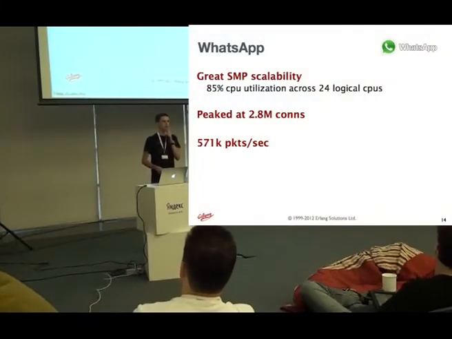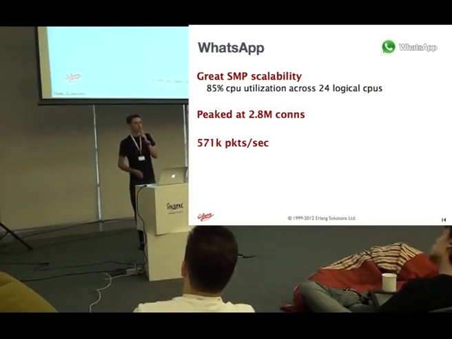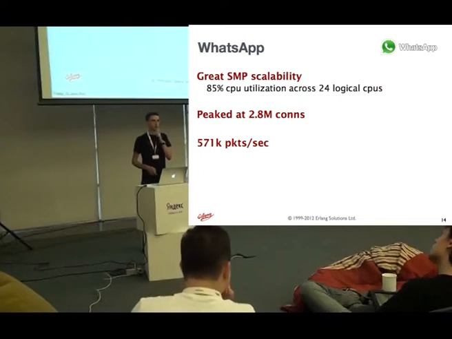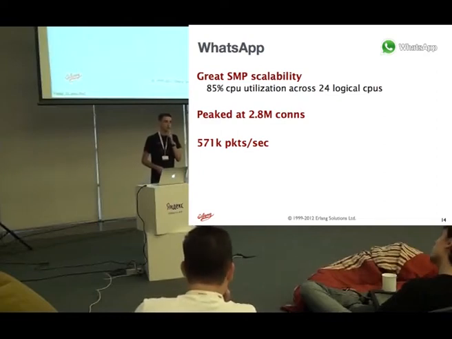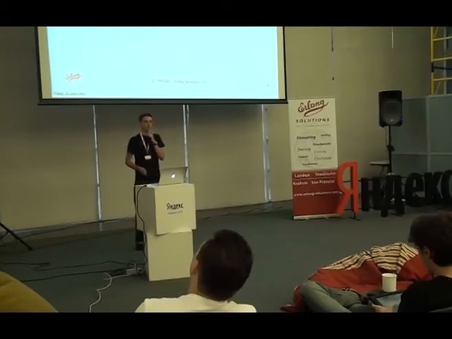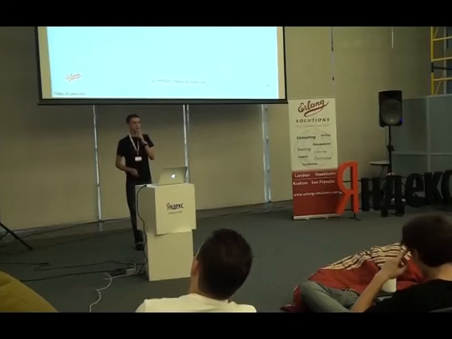This is really a lot. With 2.8 million users connected per box at peak time. Per box. This is really a lot. And again, of course, this required a lot of skills of the engineering team as they were tweaking the VM as well. But Erlang has been used as a baseline platform for the system.